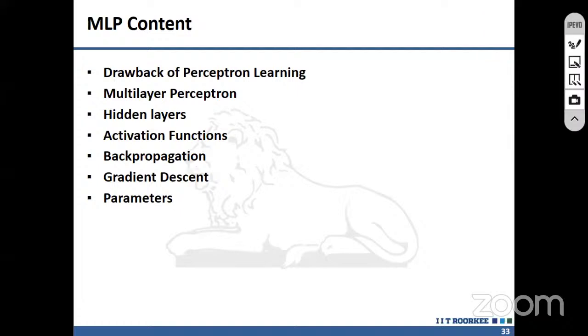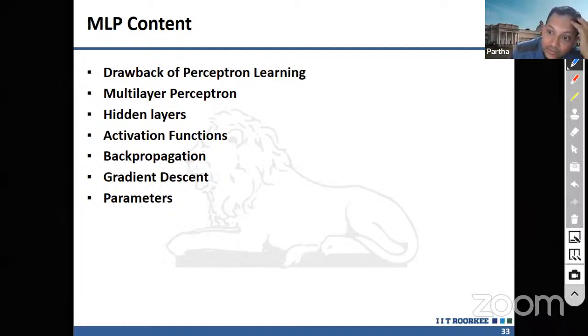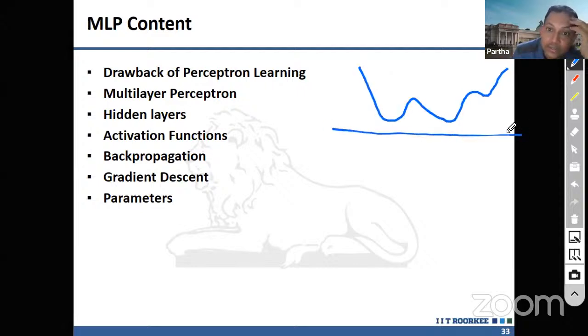Anish is asking, why does the error function follow a parabolic shape? For example, if we are considering this error surface, it can be for different weights, for example if I'm considering this W1.